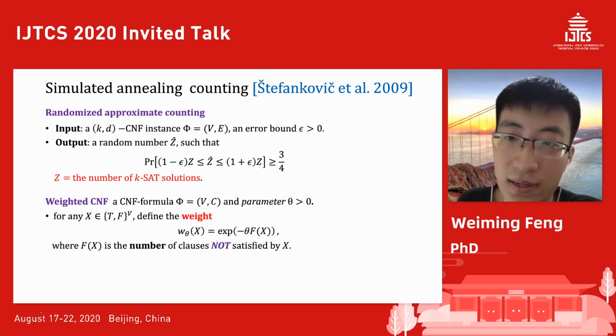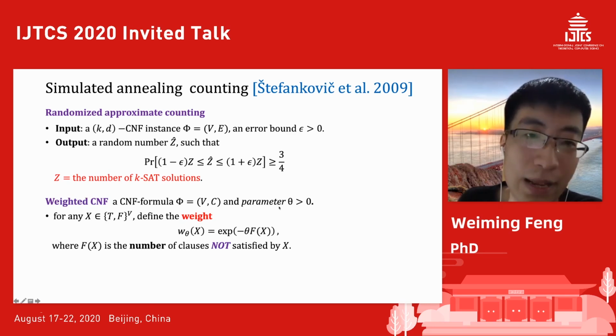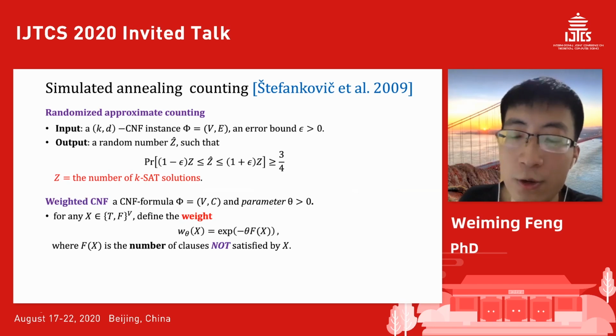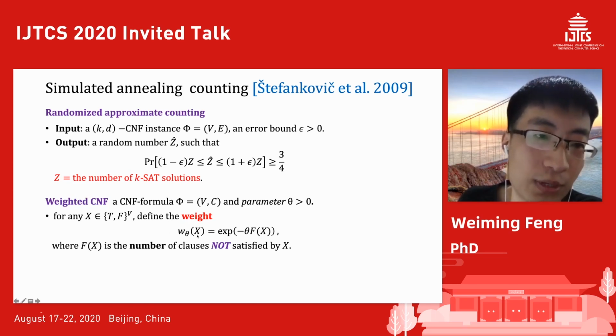To reduce the counting problem into a sampling problem, we need to define a weighted CNF formula. Now, suppose we are given a CNF formula phi. We also give a parameter theta. Theta is also called the temperature. For any assignment of variables x, we define the weight of x with respect to the temperature theta as e to the minus theta f(x).